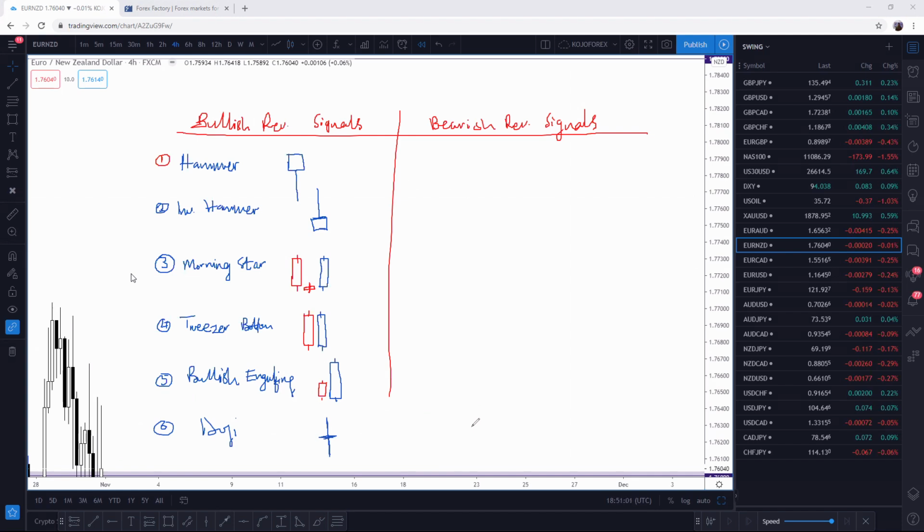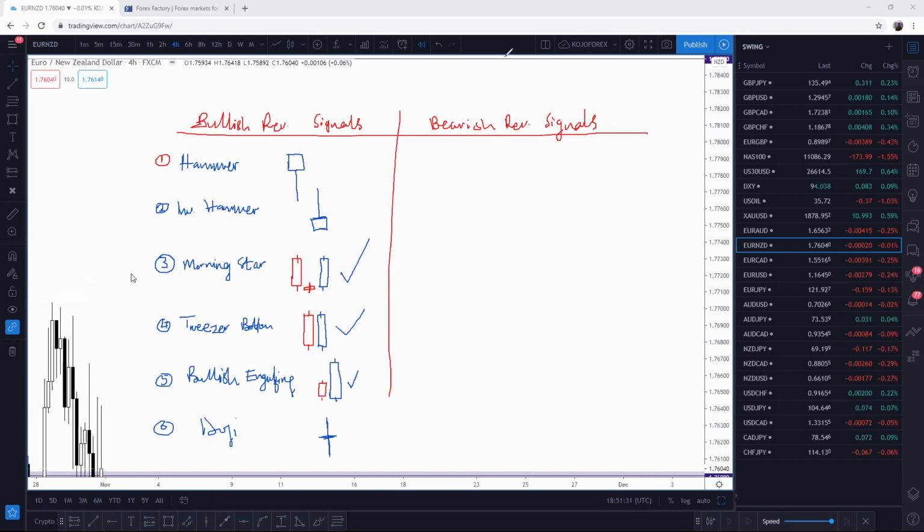So anytime I'm looking for a buy, I'm looking for the market to come in confluence with these patterns, and when I say these patterns, I mean a cluster of them. In certain scenarios, I could take a trade based on just one confirmation alone.